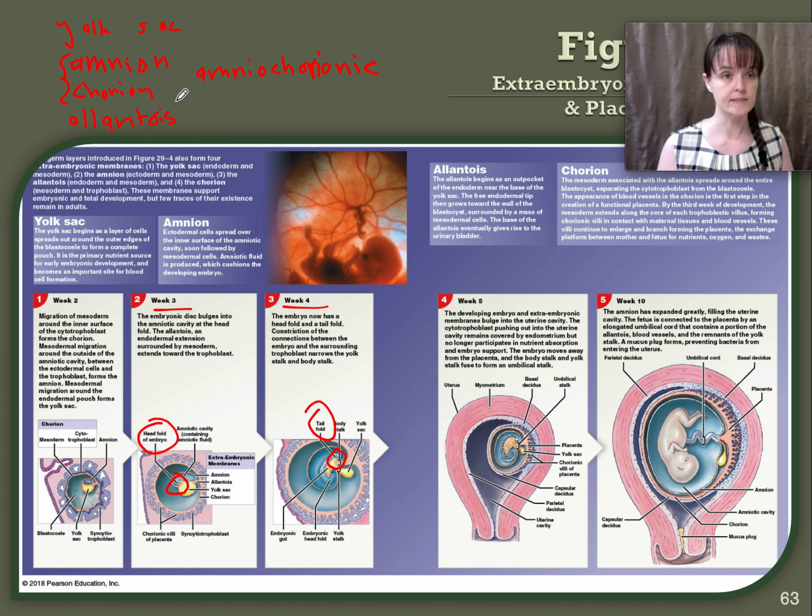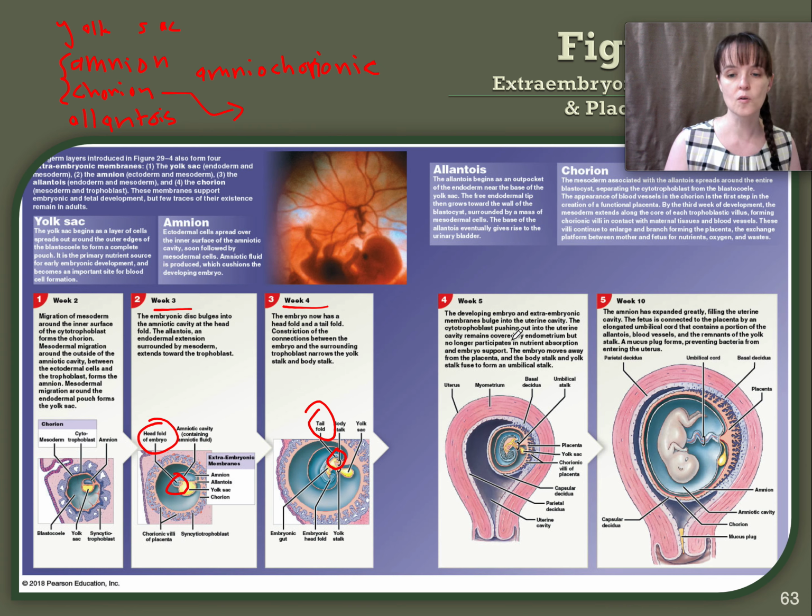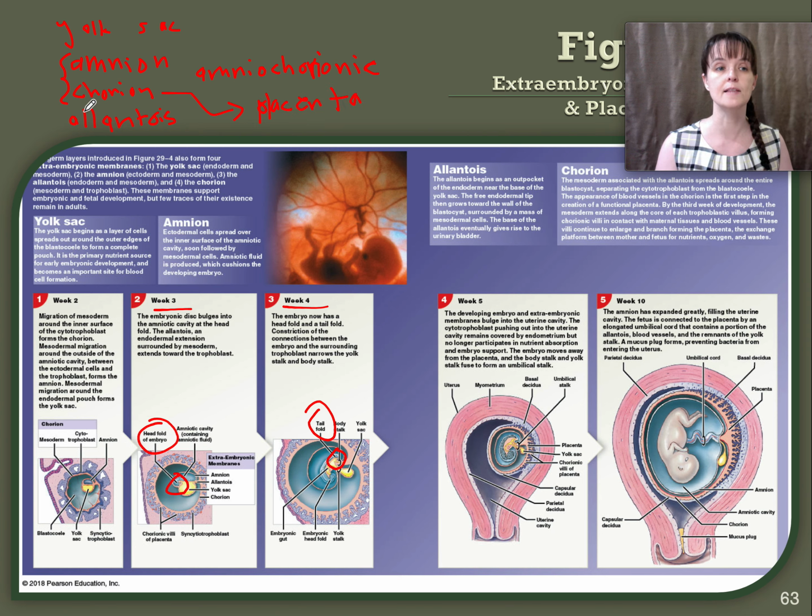The chorion, this one, has an early role in the maternal embryo exchange of nutrients, gases, and wastes. The chorion on the side towards the implantation will become, isn't yet at this point, but will become the placenta. And so before the placenta is developed, it's the chorion that does the exchange of nutrients, gases, and wastes with the maternal blood supply.